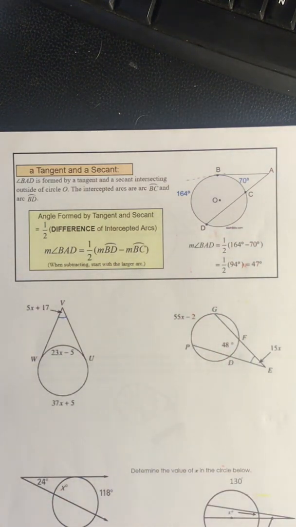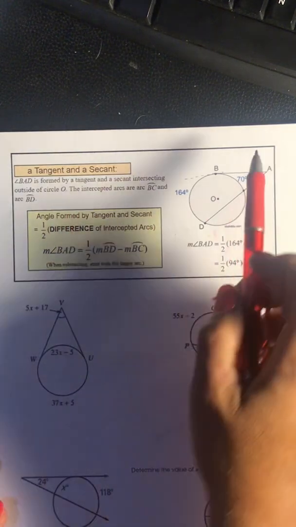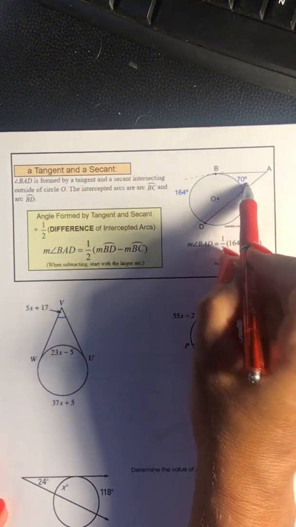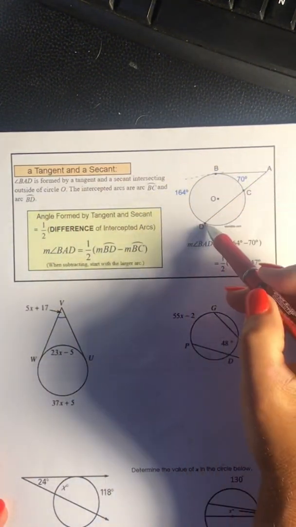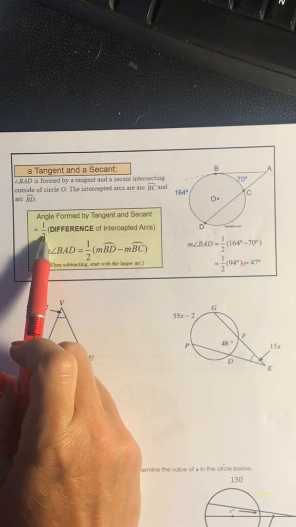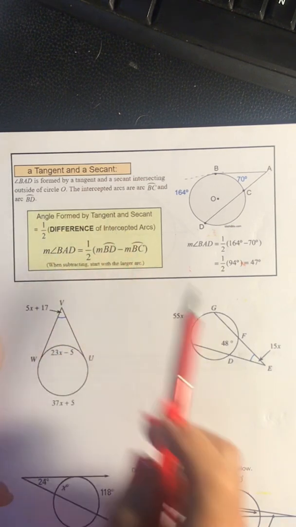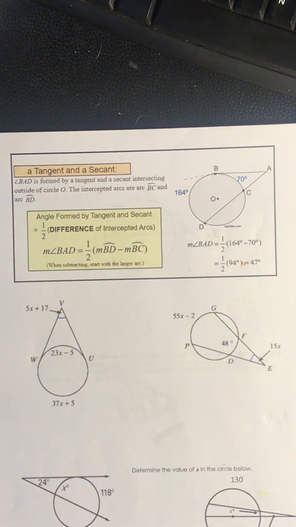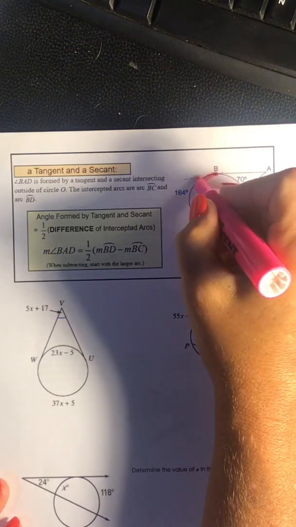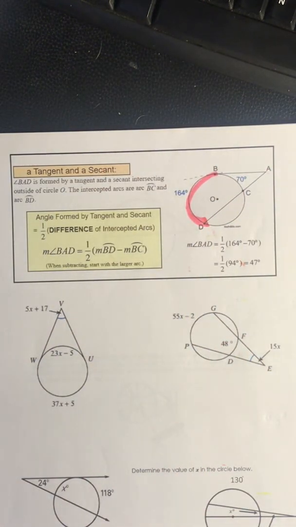Okay, so the measure of angle BAD is formed by the tangent and the secant, and the formula is exactly the same, 1/2 the difference of the intercepted arcs. Okay, and I always like to put it in order of the bigger minus the smaller.